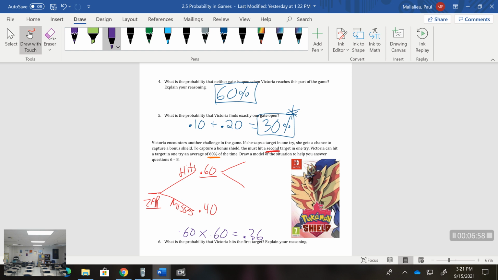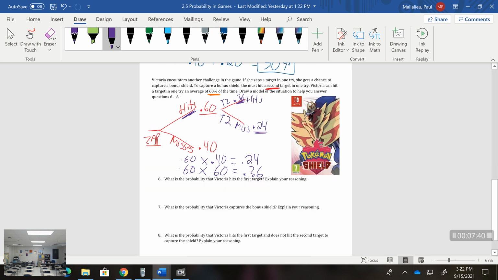So that's the number if she's on target 2 and hits again. For target 2, we do the same general concept, but with the misses. We are assuming we hit, and then we're going for the next target. So that'd be 0.60, and if she happens to miss the second one, that was a 0.40, so that's 0.24. So this is a miss, and that's 0.24. That's building off of the second one.